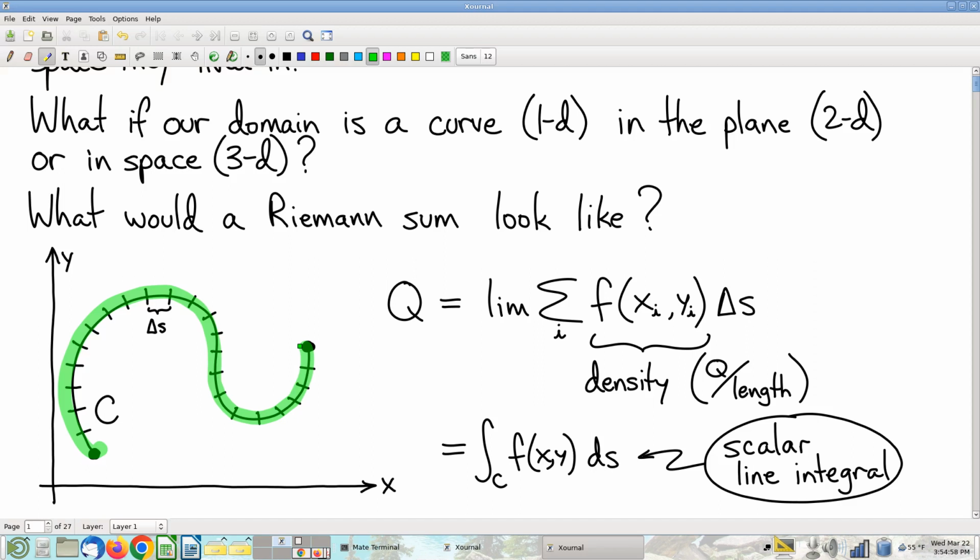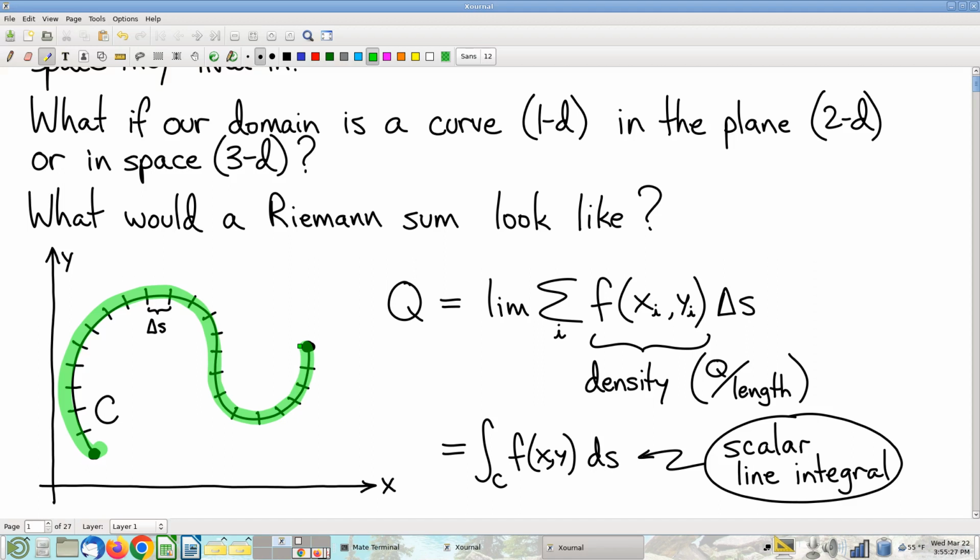Maybe this curve is a river, and you're counting fish in the river. And for environmental reasons, you know that there's more fish per mile in the river at higher latitudes and fewer fish per mile at lower latitudes, and you know the shape of the river, but you want the total number of fish, but the fish per mile varies. And so how would you find the total number of fish?